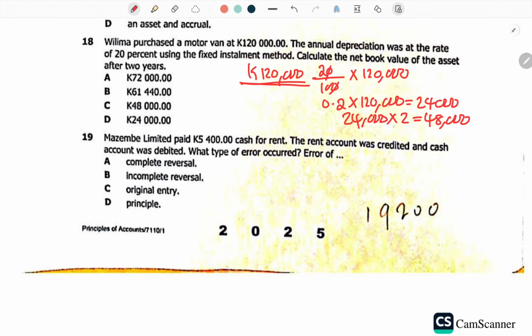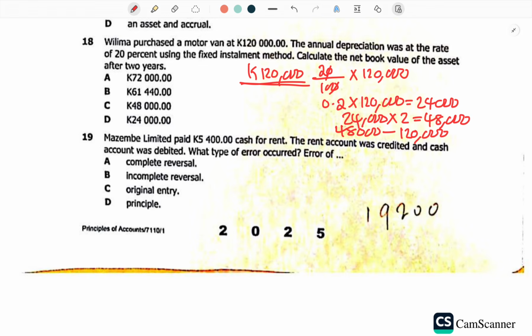Then this 48,000 minus what you bought the motor vehicle for, the amount of money used to buy your motor vehicle. Let me see properly.